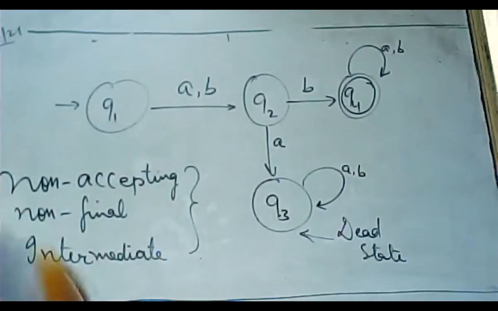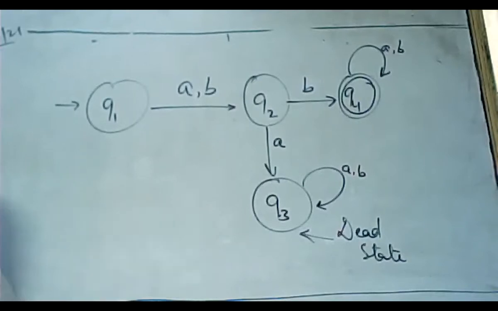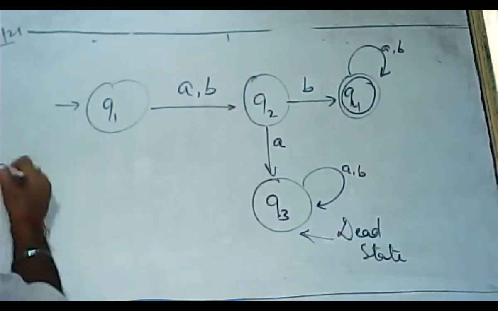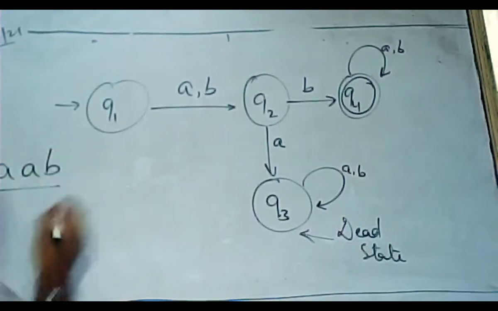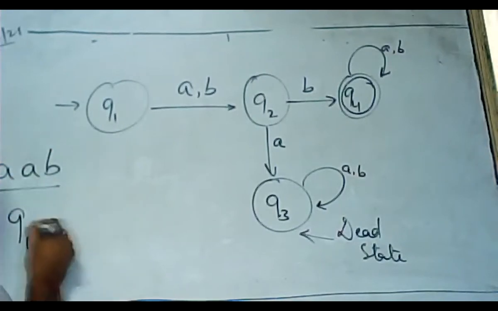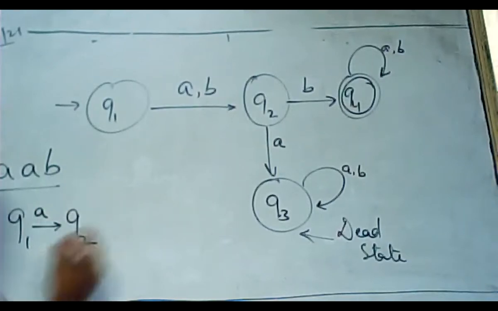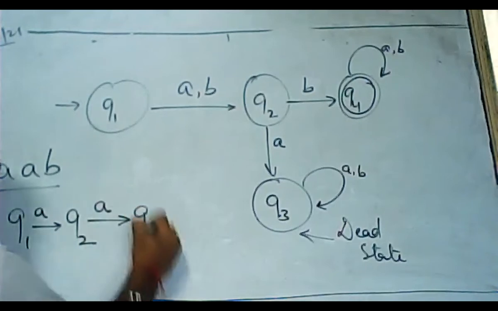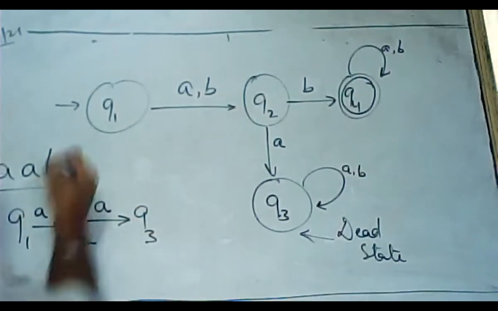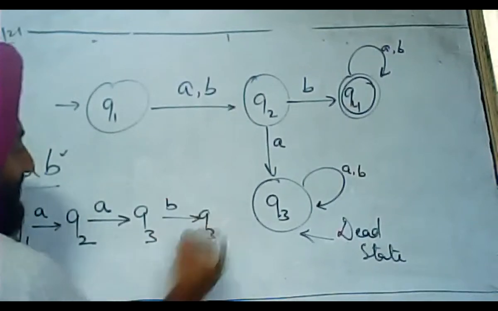For example, let me process the string AAB. Q1, upon the processing of A, goes to Q2. Q2 upon the processing of the next A goes to Q3. Q3 upon the processing of this B goes to Q3 itself.